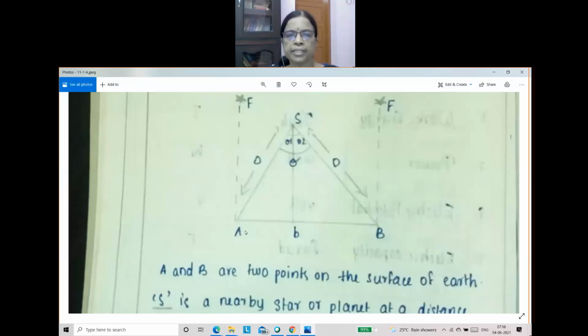When the star is at a very large distance from Earth, this can be taken as a circle. You can draw a big circle here with the star as center, and this will be the arc length AB. So, angle equals arc length by radius, b by D.